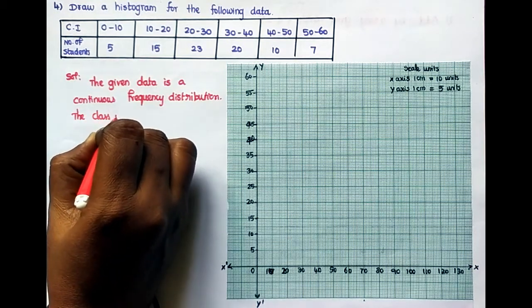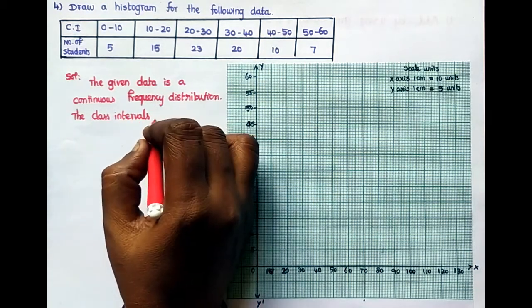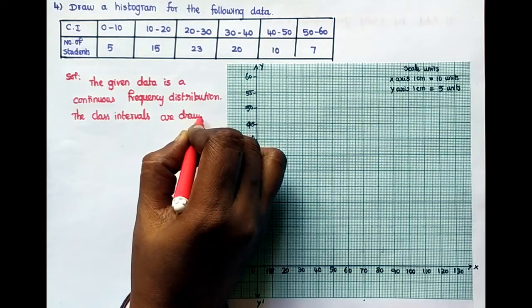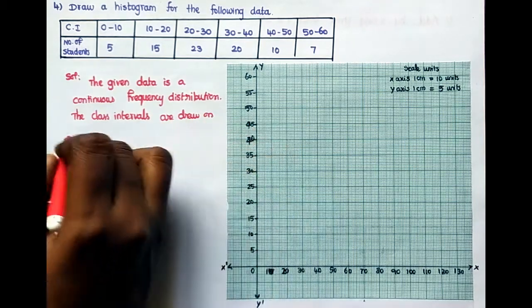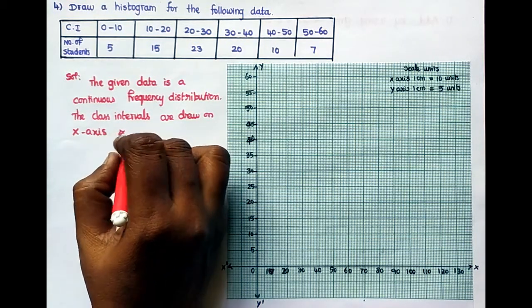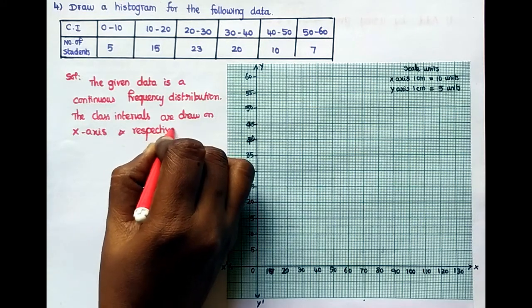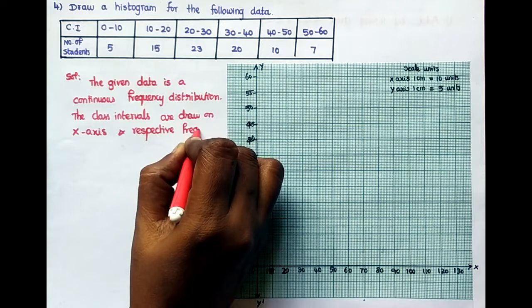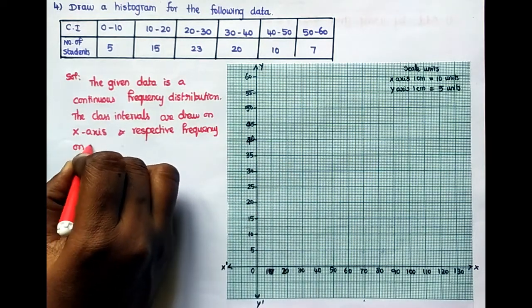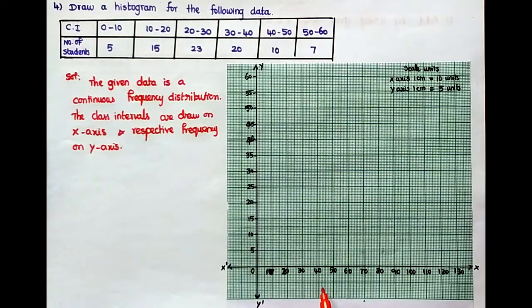The class intervals are drawn on the x-axis and the respective frequency, that is number of students, on the y-axis.